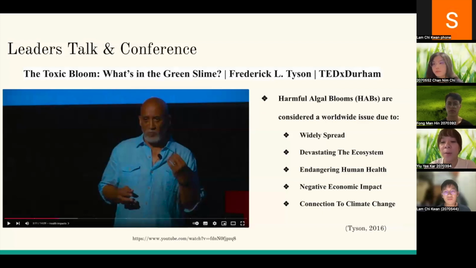And also it poses human health risks, as the toxin produced by harmful algal blooms can pose serious health risks to humans, particularly in communities that rely on the contaminated water source for drinking or for recreational use. And moreover, for economic consequences, algal blooms have significant economic impacts, like affecting tourism, fisheries, and water treatment costs.